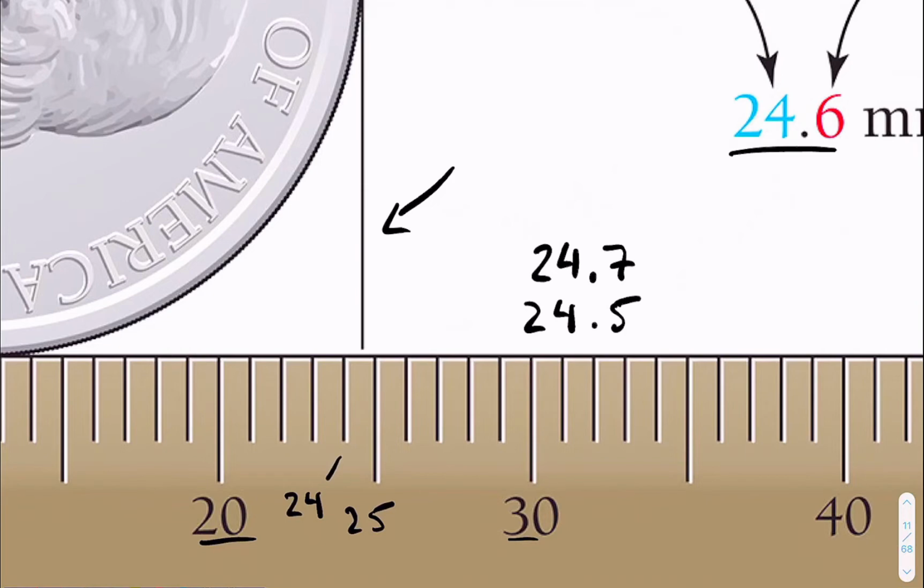We couldn't say that this is 24.56, because we don't even know if it's actually 24.5, and that would be misrepresenting the precision of our instrument. So you always measure to the certainty, and then you estimate how far past that line it is.